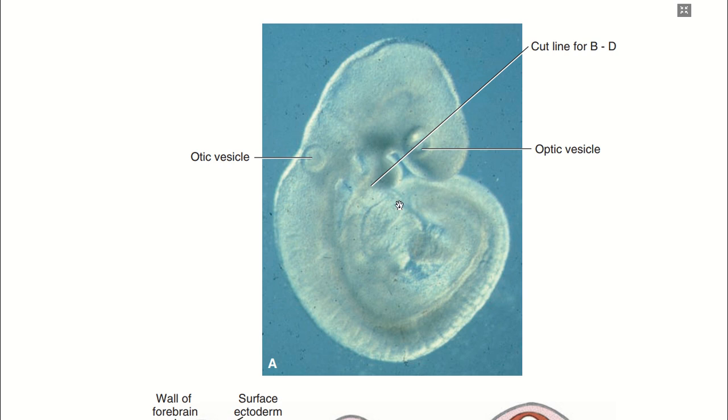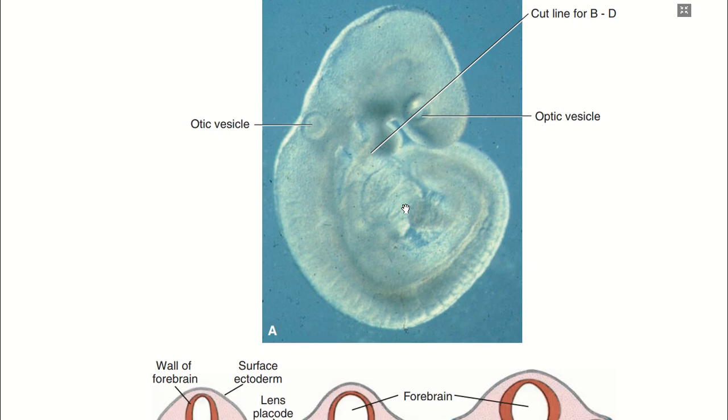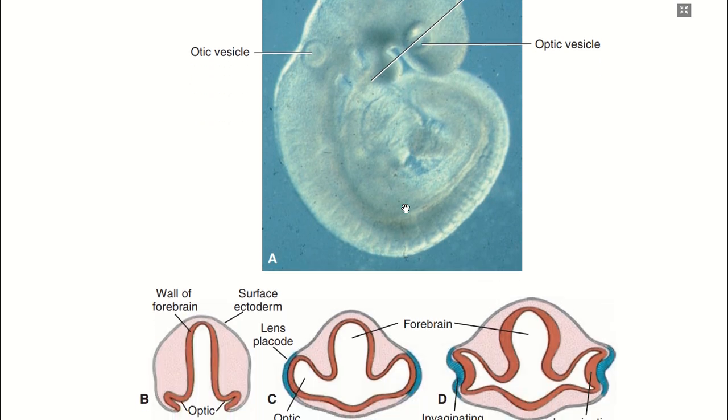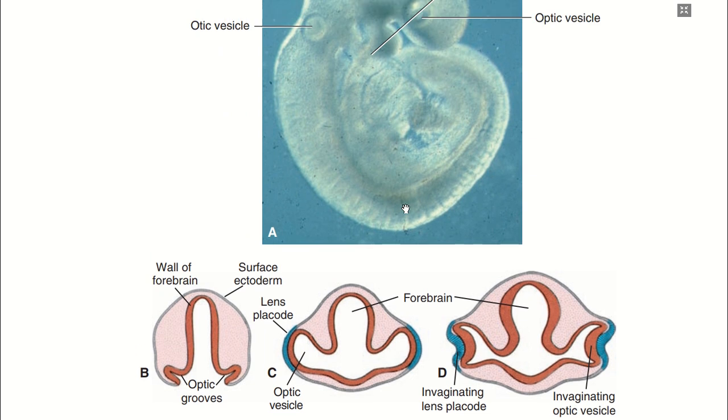Let's take a look. Now, your optic vesicle actually developed from the forebrain, your diencephalon. Let us take a look at this. Right here, this is the wall of your forebrain. Around day 22, you're going to form what is called an optic groove.